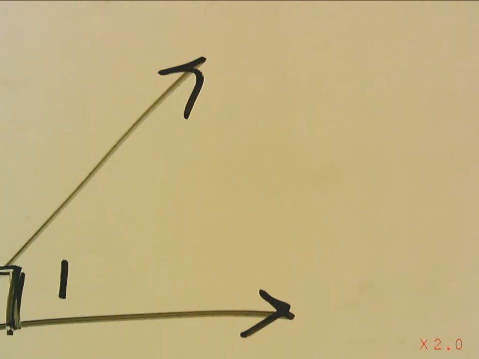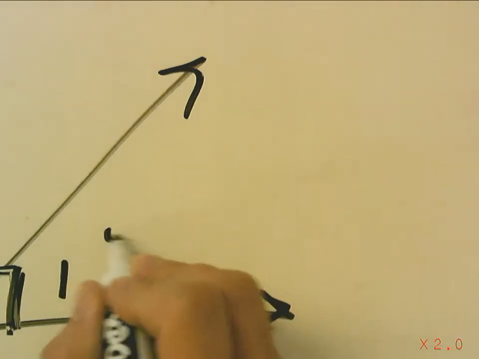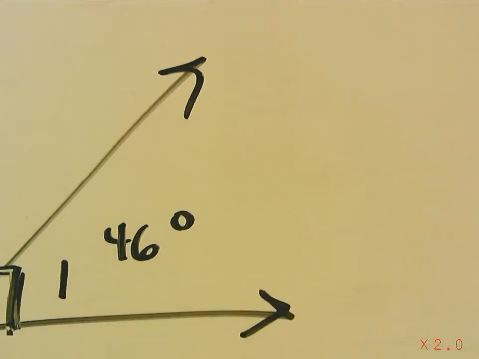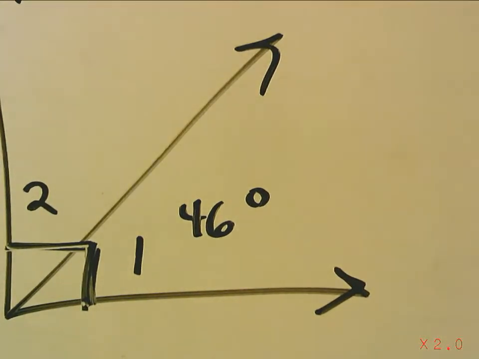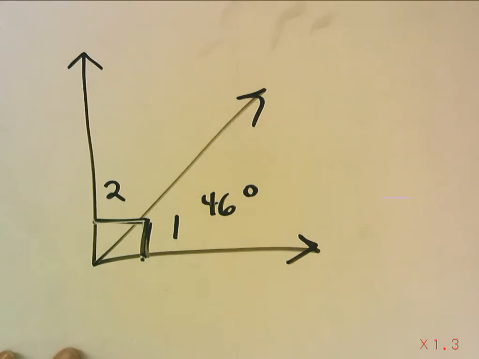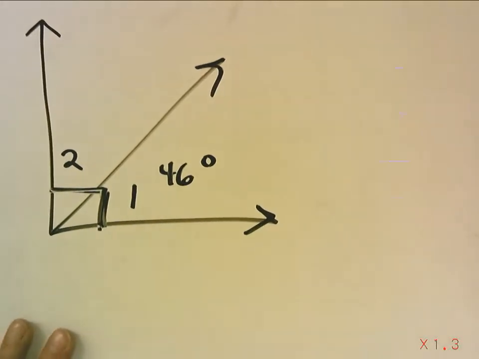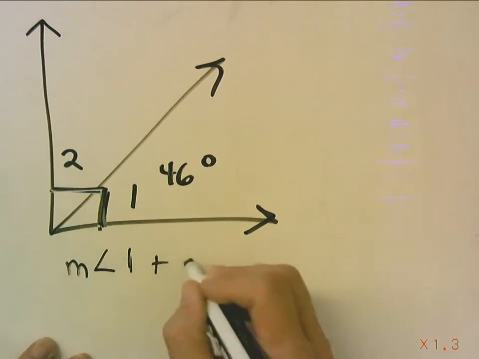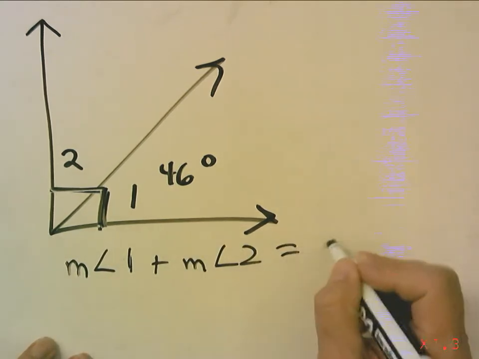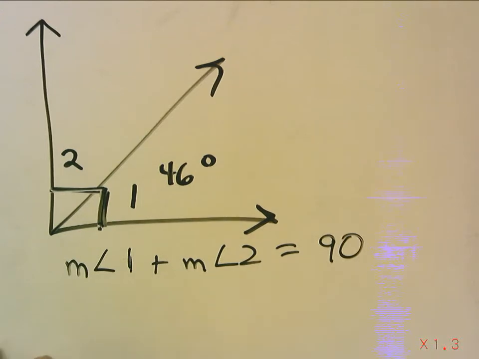Now, it says the measure of angle 1 is 46 degrees. Find the measure of angle 2. Well, if they are complementary, I know that the measure of angle 1 plus the measure of angle 2 equals 90, because that's the definition of complementary angles.